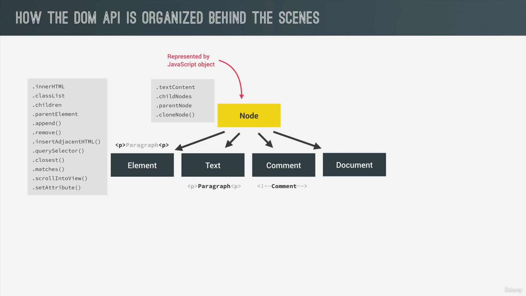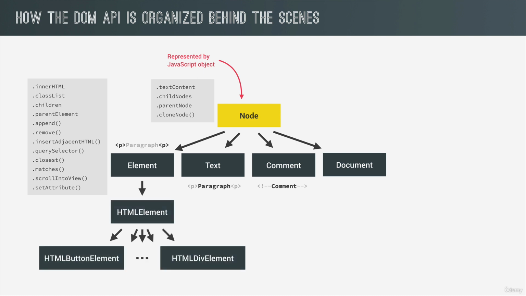Now, just to make this complete, the Element type has internally an HTMLElement child type. And that type itself has exactly one child type for each HTML element that exists in HTML. So we have a special type for buttons, a special type for images, for links, and so on and so forth.